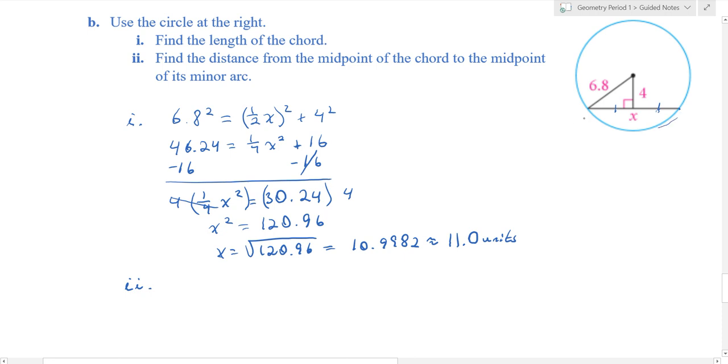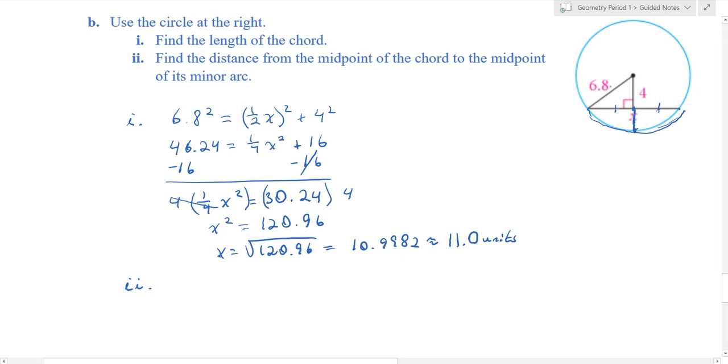I'm just going to go around it so I can point it. This arc is the minor arc they're talking about. So they want to find out what the distance is from here to here. Hopefully that is as clear as you can see.